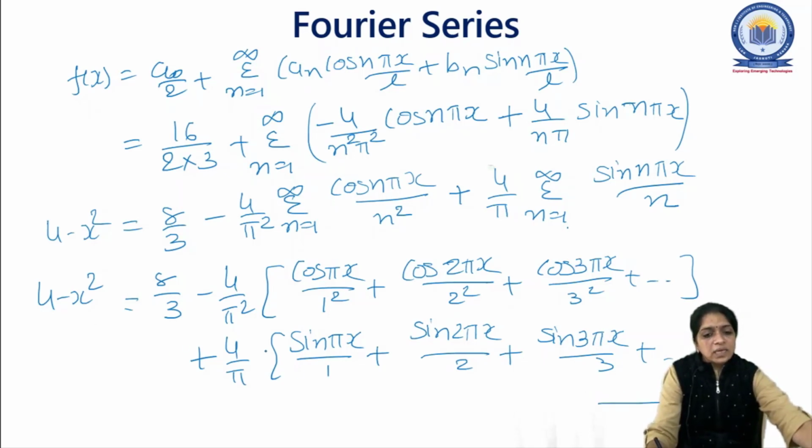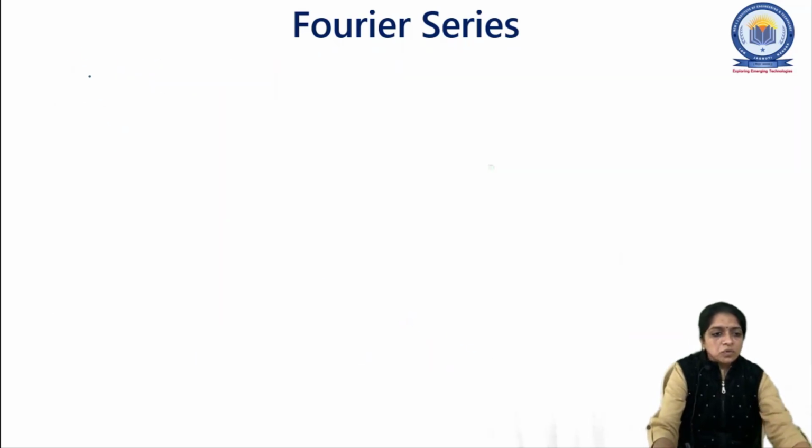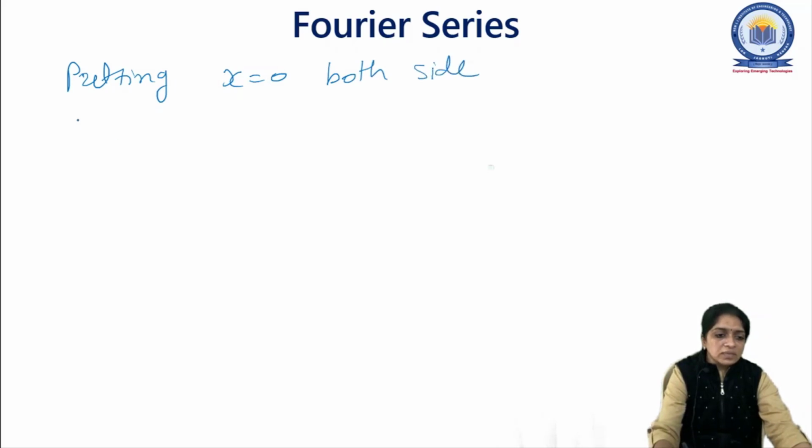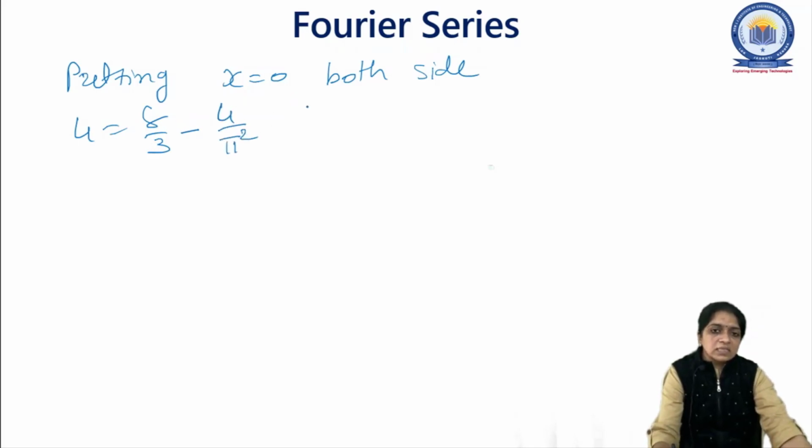Now let's take x equal to 0 in star on both sides. By putting x equal to 0 on both sides, our left hand side is 4, 8 by 3 minus 4 upon π². As cos 0 is 1, we have 1 upon 1² plus 1 upon 2² plus 1 upon 3² and so on, and sin 0 is always 0, so the next term will be 0.